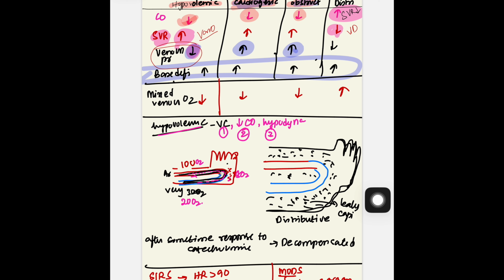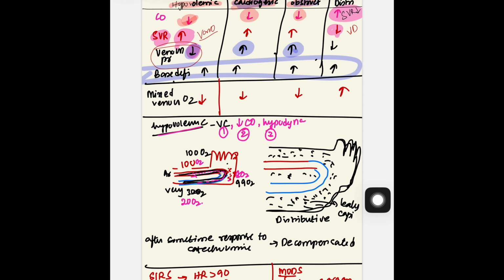So in the normal patient, as I told you, only 80 molecules of oxygen are getting utilized. But in hypovolemic shock, if 100 molecules of oxygen are going, the tissue is so eager to take so much oxygen because it is not having oxygen. So it takes 99.